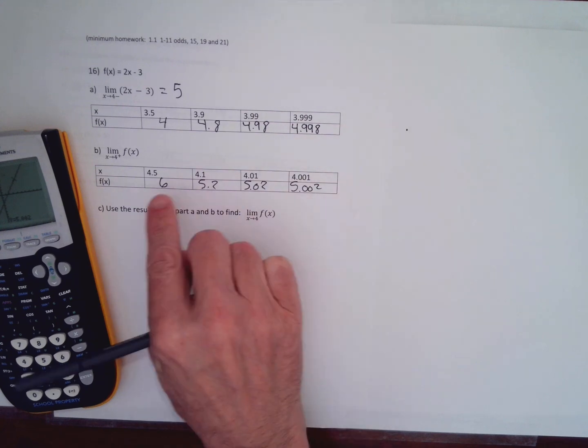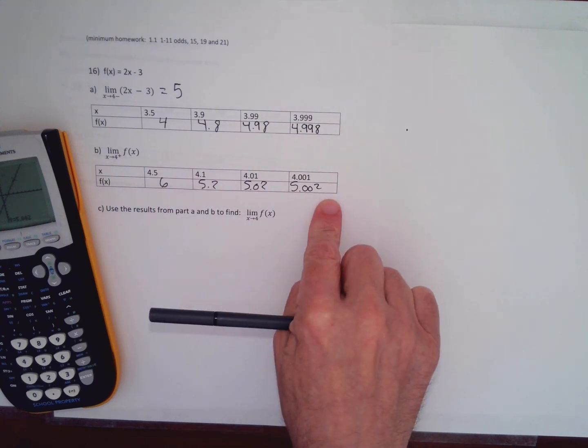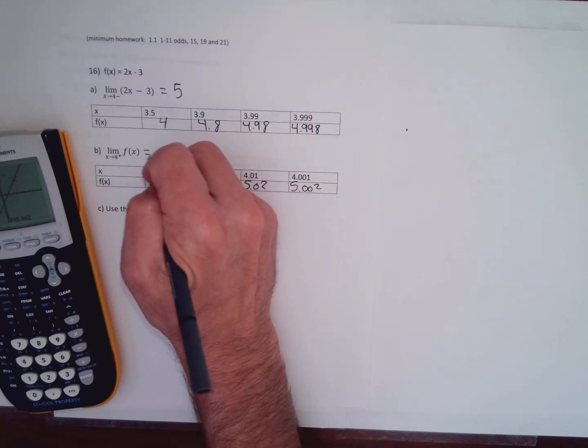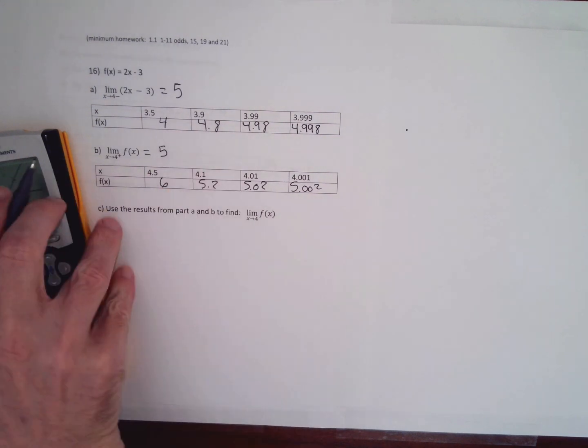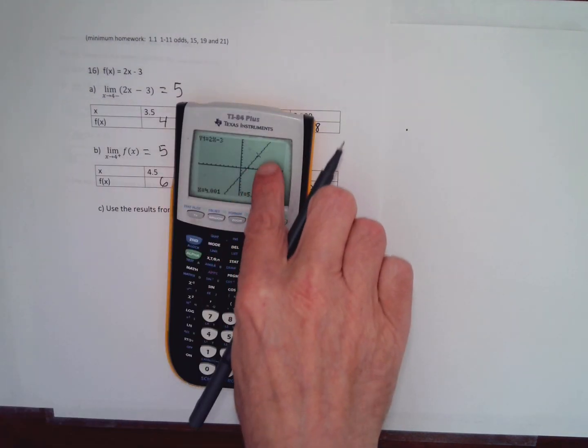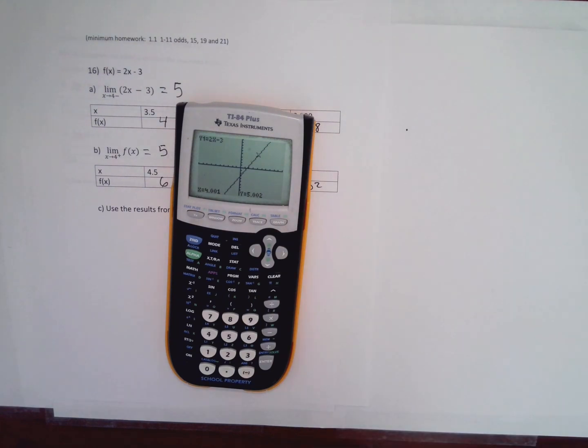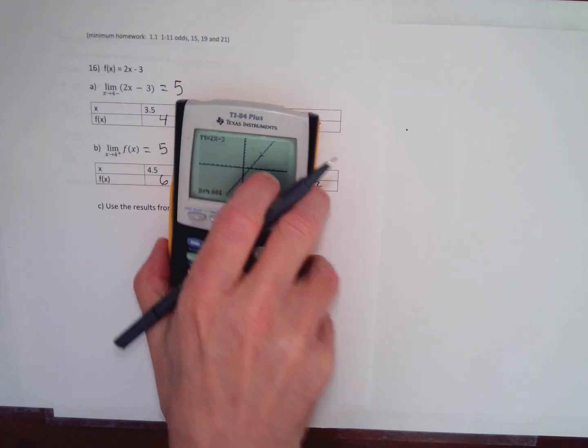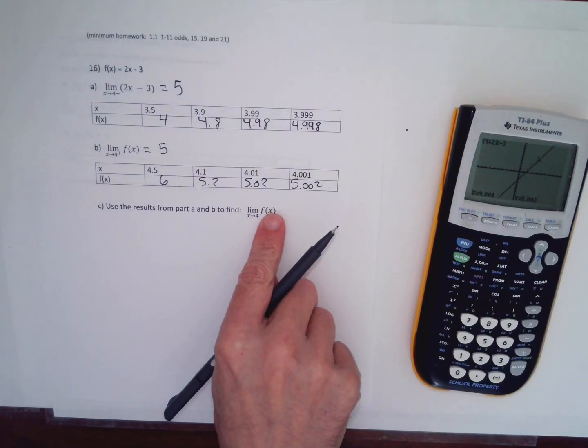And again, it looks like all these numbers are trending towards the same number. I believe that the right-hand limit is also 5. And because there wasn't a jump or a break in the graph, the left and right-hand limits were going to be the same. And that means the two-sided limit is going to be the same.